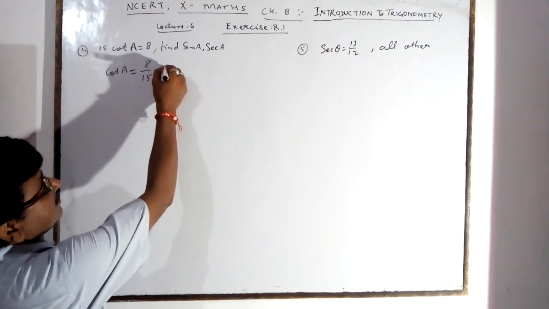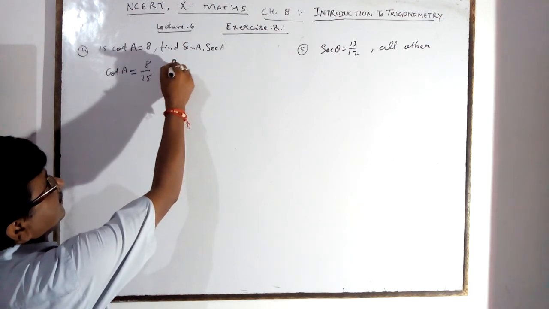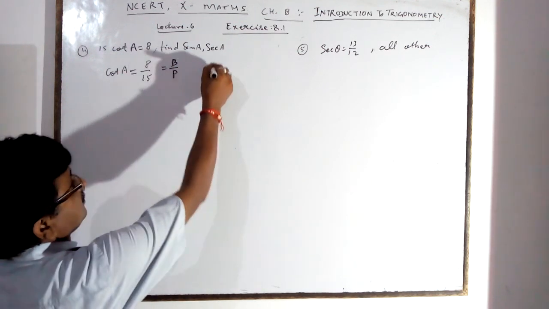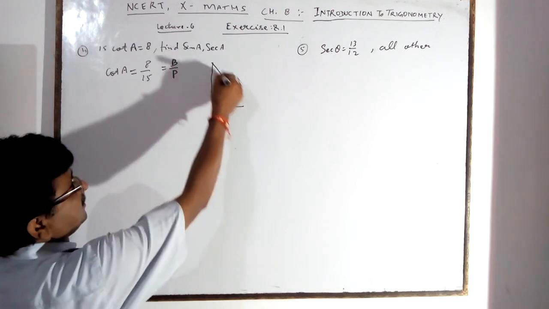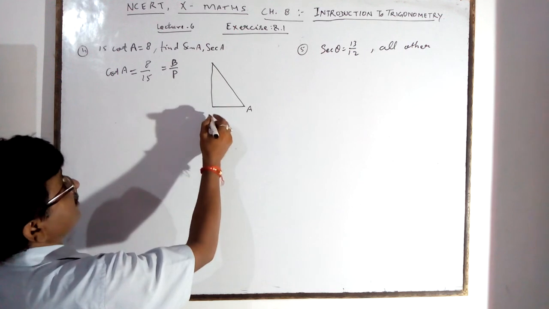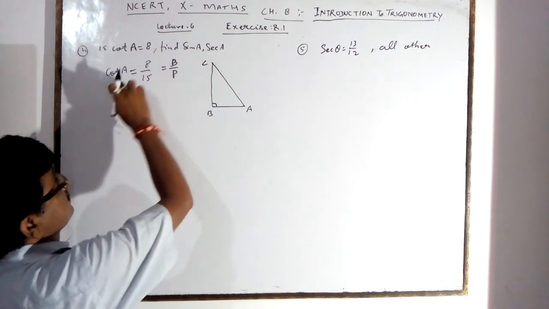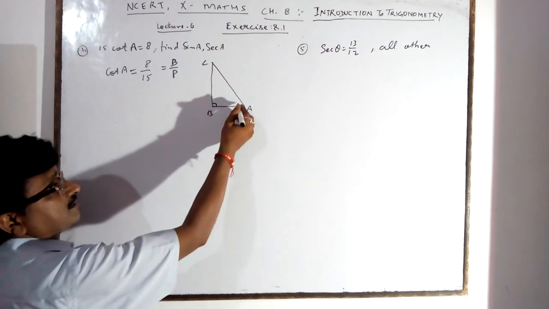Cot A means base upon perpendicular. In a right triangle there is one angle A, another angle B, and another angle C. A is given, so A must be acute.